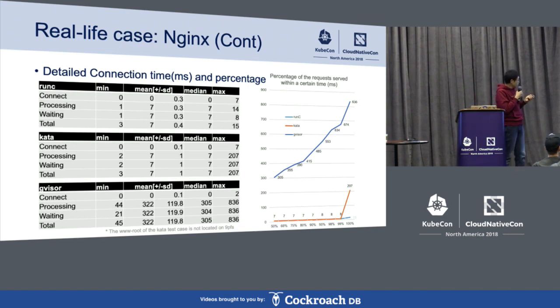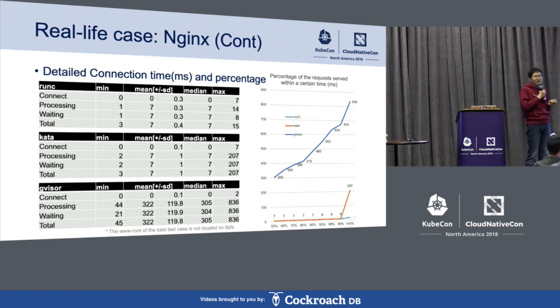This orange line is Kata, and this line is runc. Almost all the percentiles of the requests for runc and Kata are the same. But it looks like for the last request, the max one, for Kata, I don't know what happened, but we repeated it many times.